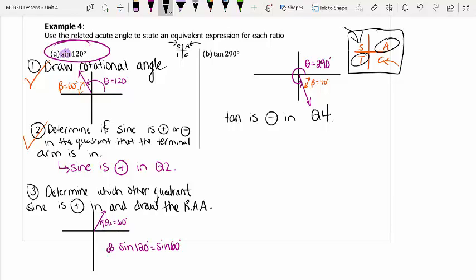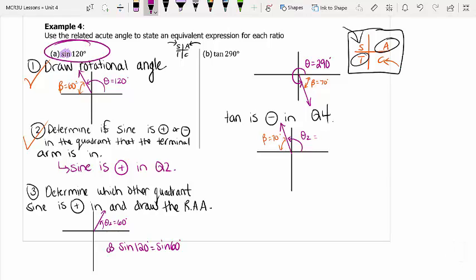So I'm going to generate an angle in quadrant 2 with the same related acute angle of 70 degrees. Okay, so there's a related acute angle of 70 degrees. Terminal arm is in quadrant 2, because that's where tan is also negative. Now let's calculate the value of that principal angle.